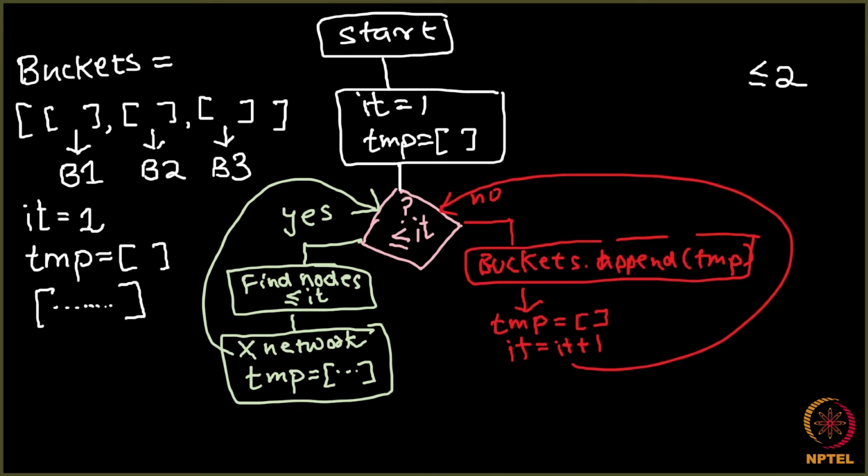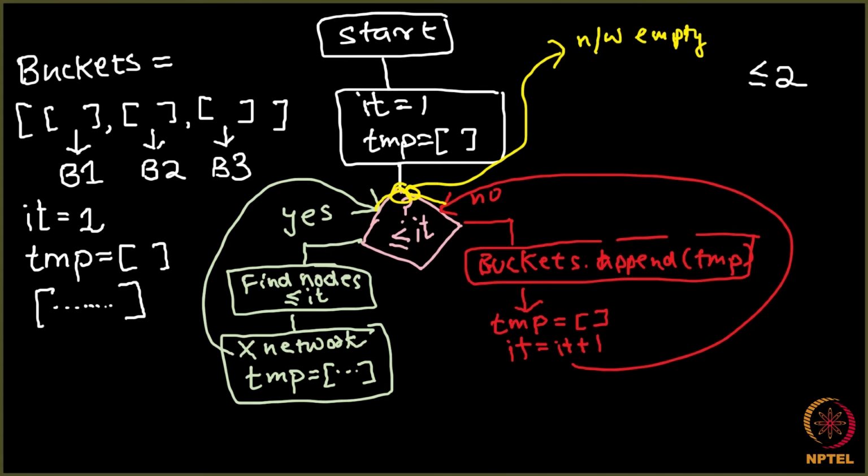So before checking whether there are such nodes in the network, we can put a small condition there, and this condition will check whether my network has become empty, whether I have removed all the nodes from this network. And if I have, I'll simply append my TMP to buckets.